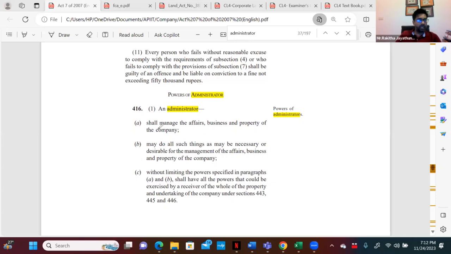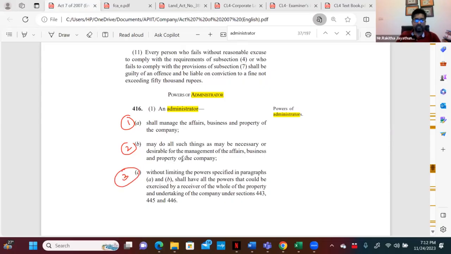The first one: the administrator shall manage the affairs, business, and property of the company. They have asked you to give 5. Then, do all such things as may be necessary or desirable for the management of the affairs, business, and property of the company.